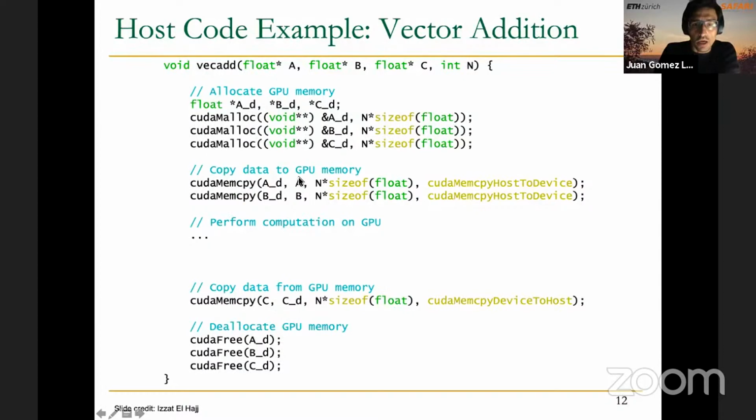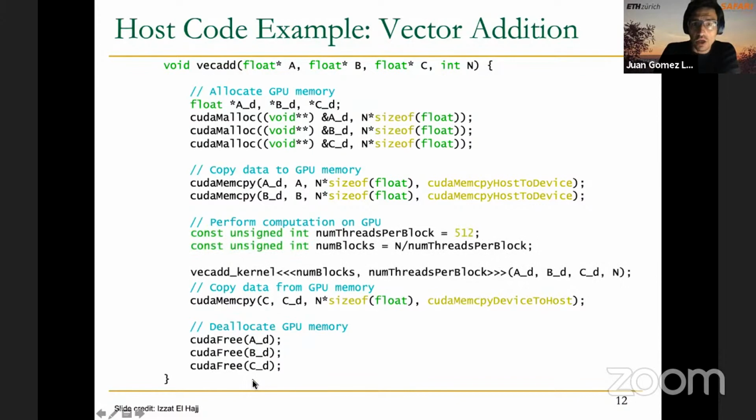For example, we copy these two to AD and BD, which are the pointers to the global memory of the GPU. And then when the computation finishes, we do exactly the same thing, but in the opposite direction. And finally, we may want to deallocate the arrays in GPU memory.